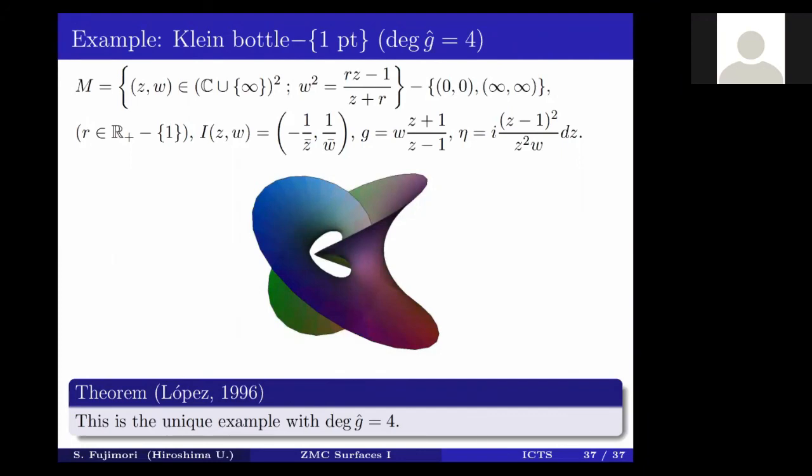Yes, for any topological type, one can construct a non-orientable one. Okay. But if we restrict the degree of G hat, then sometimes non-existence theorems arise. Yeah, right. Or embeddedness or something like that.